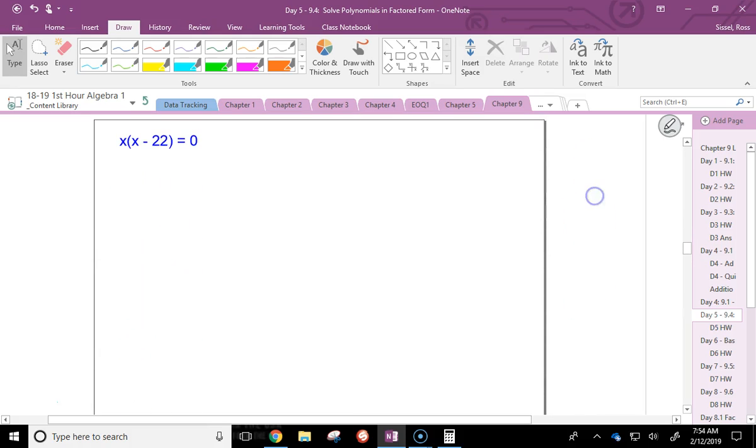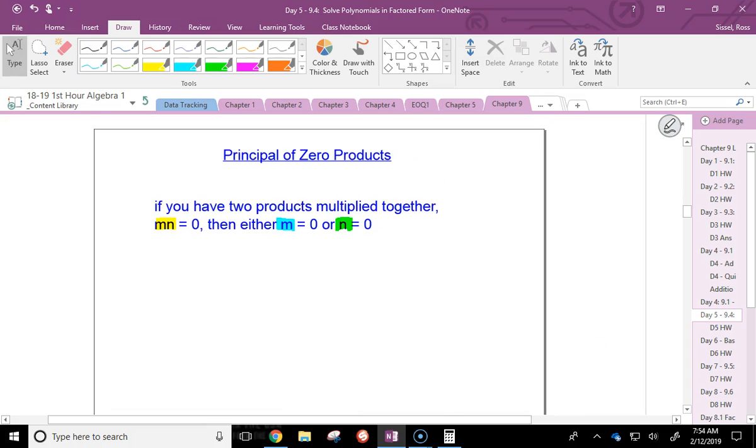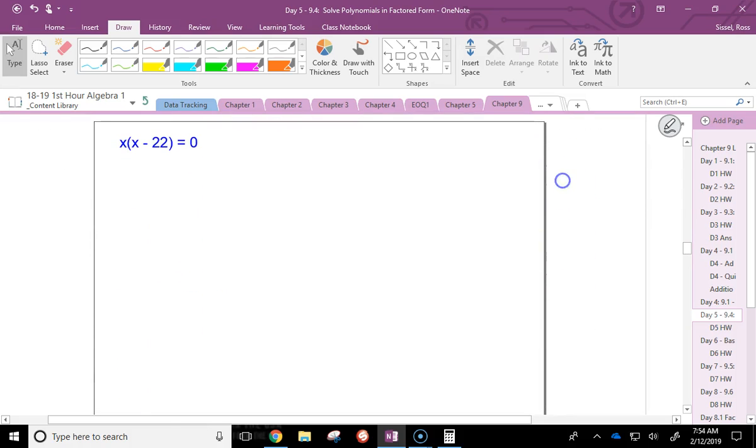So we're going to try another one together. On this one, it's x times x minus 22. All of this is going back to this principle of 0: two products being multiplied by each other. So if I look for my two products, there's one of them, x, all by itself, and the other one is x minus 22.